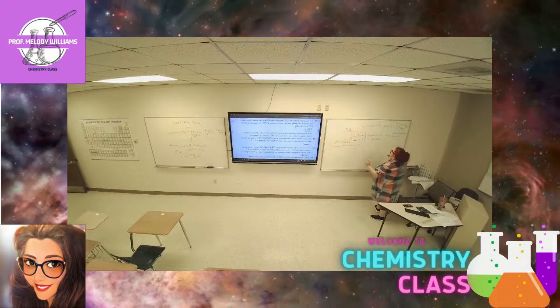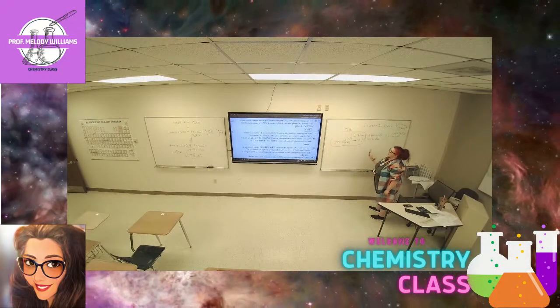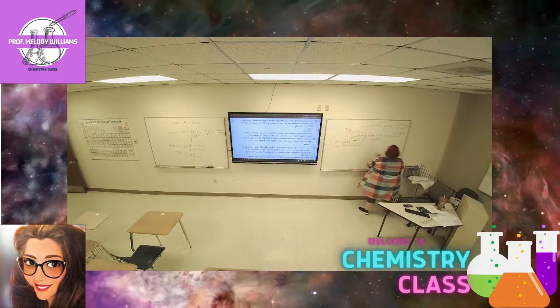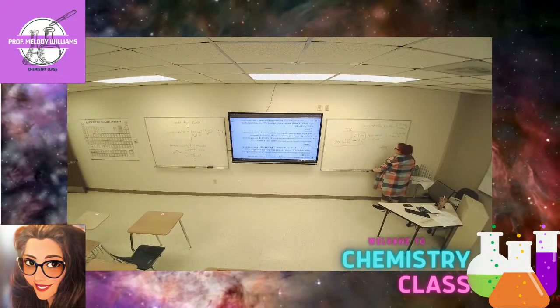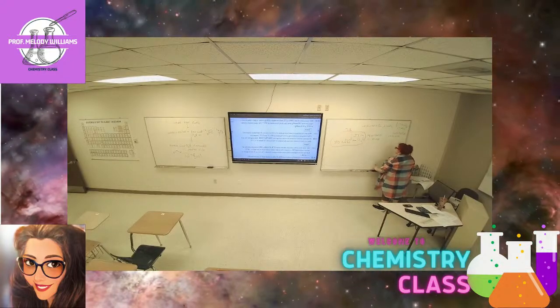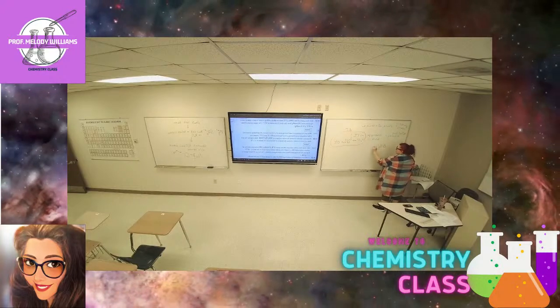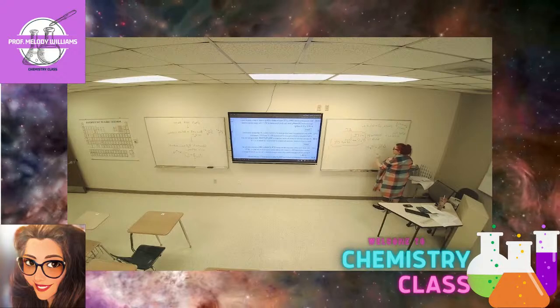So I'm going, all right, I need to know the molality of a solution. I'm given a delta T. That means I need the freezing point depression equation. Kf times molality.